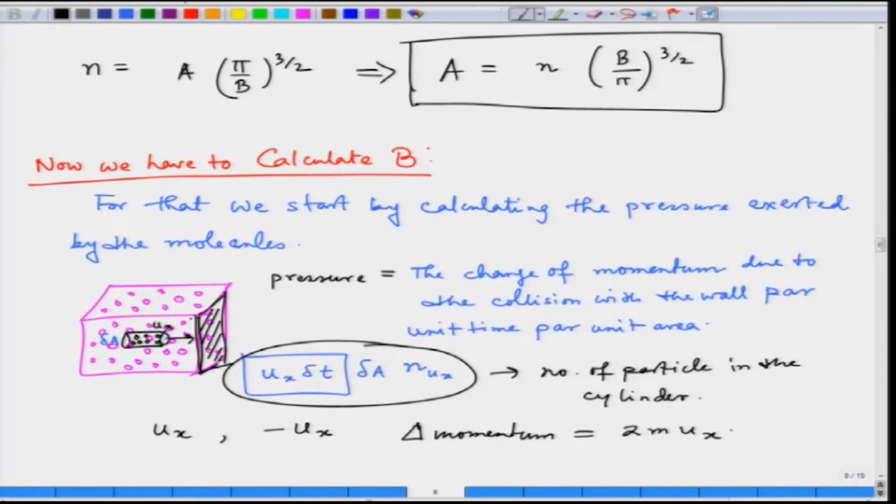So, the momentum change during a time delta t and with a cross sectional area of flow delta A will simply be the total change in momentum. That was for one particle.